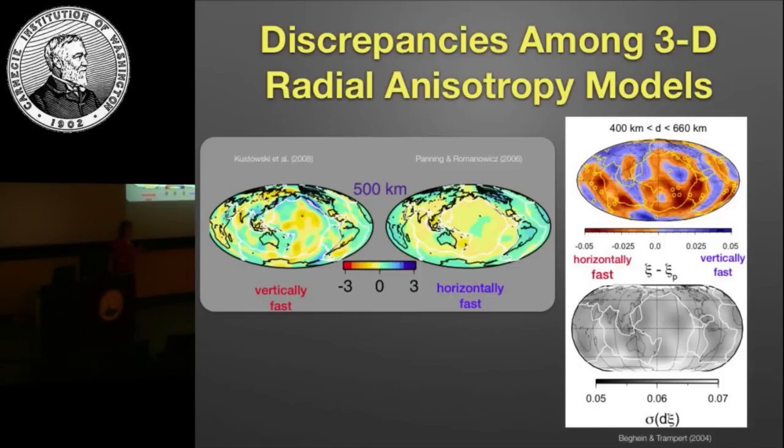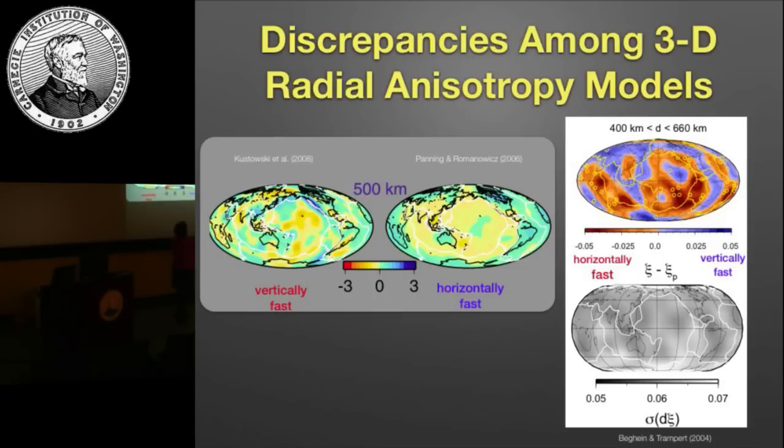There are several models that are trying to map the lateral changes in radial anisotropy at different depths. And we have here 2 models from Harvard and from Berkeley. There are strong differences between the 2 models at 500 kilometers depth, so inside the transition zone. And then this one here is something I had obtained during my PhD.